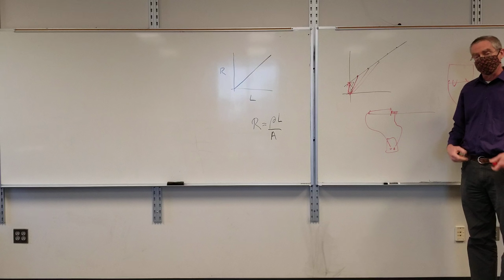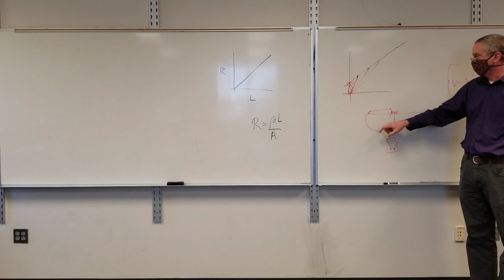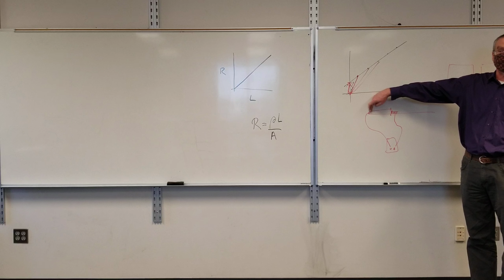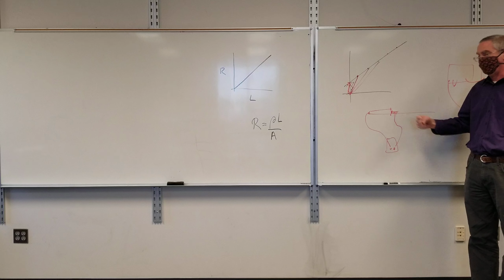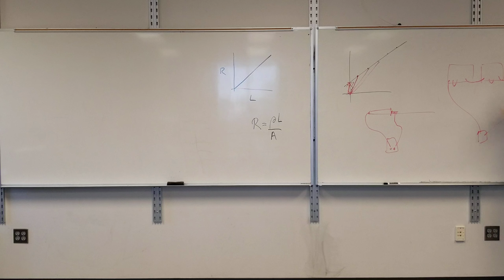Now, we are making an assumption that the resistance of the probes, or those wires, the resistance here where you're attached to the metal, and the resistance of the trolley are all so small we can ignore it. And over here, yeah, we're measuring the resistance of all these other connections too.